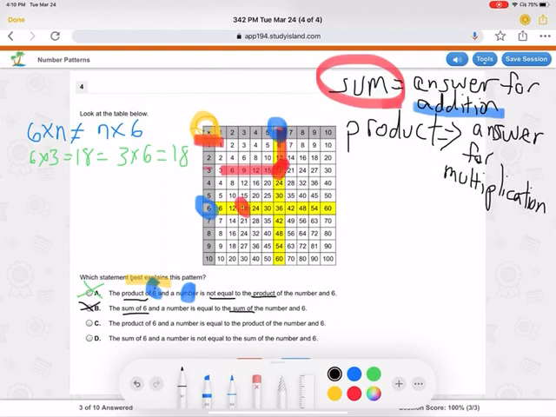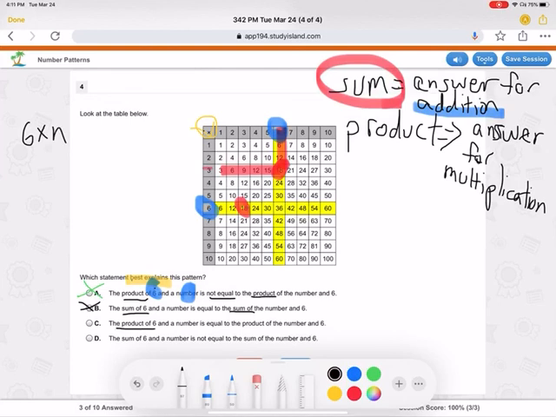All right, now let's look at C. So, C says the product of 6 and a number is equal to the product of the number and 6. I'm going to clean up here first and write that out. I'm going to write it out with the word 6. Now I heard the word product, so I do a multiplication symbol. And then I heard the word number, so I put an N just to help myself out.